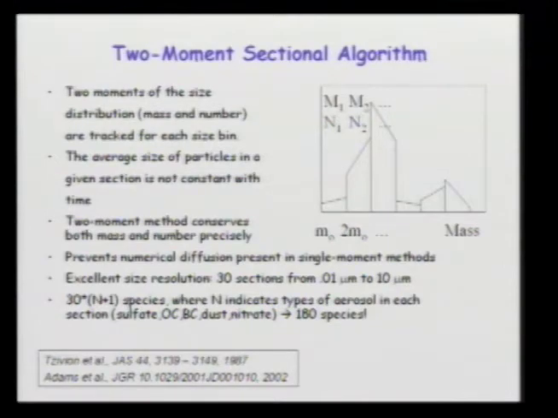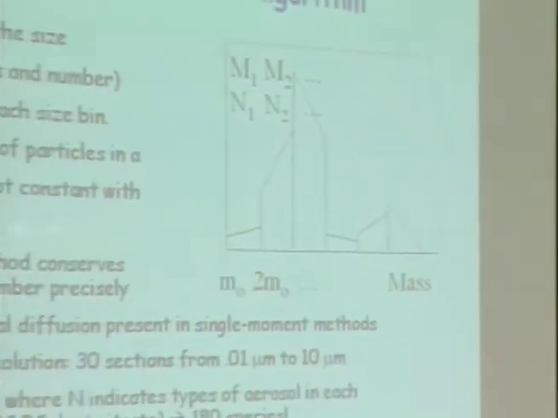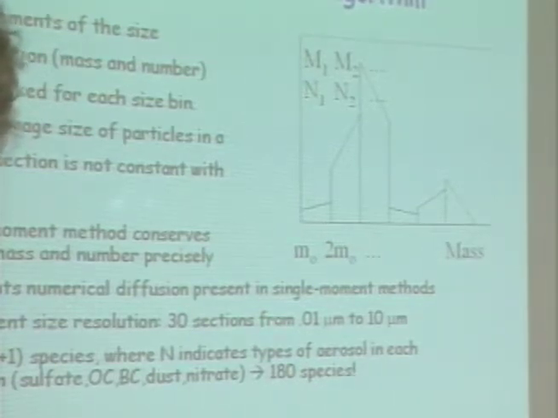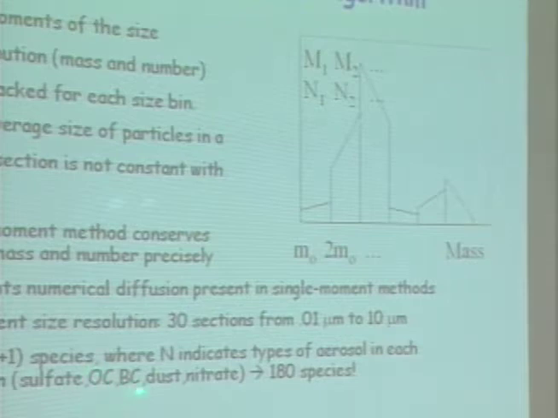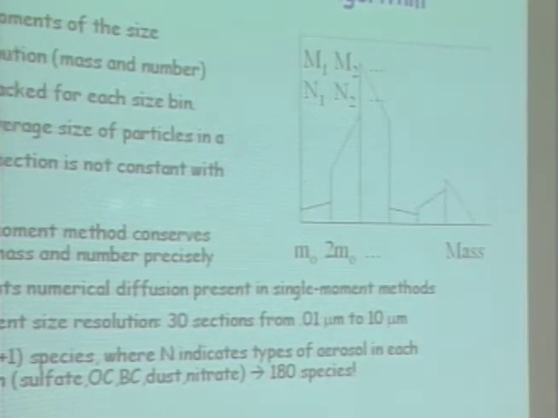And Peter's claim is that in order to do this problem right, you need about 30 sections ranging over these sizes. And then within each bin, you would carry a number and, again, the mass of each of the aerosol species or components within those sections.